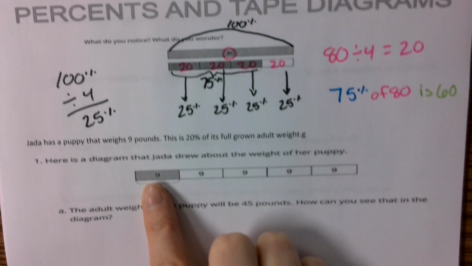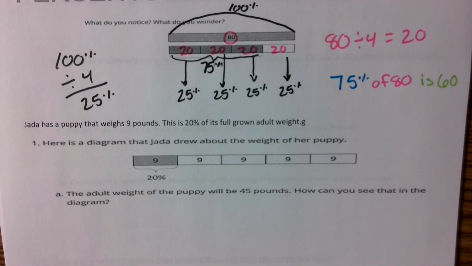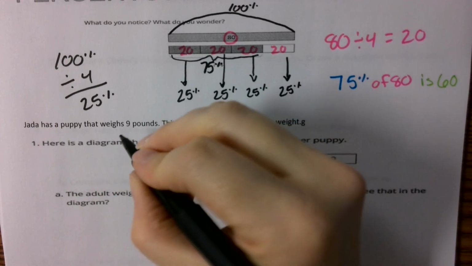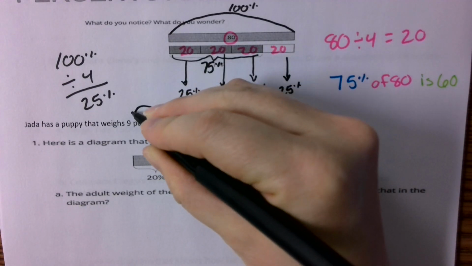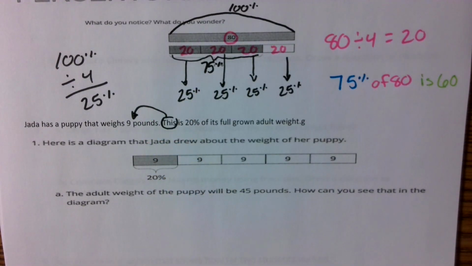So let's take a look at our very first example. It says Jada has a puppy that weighs 9 pounds. This, and again, the this that they're referring to is the information that they just gave to you, which was the 9 pounds. So when I say this, I'm referring to the 9 pounds, the weight of the puppy. That's considered to be 20% of its full-grown adult weight.